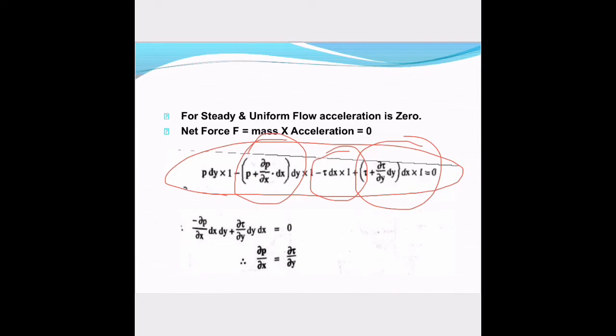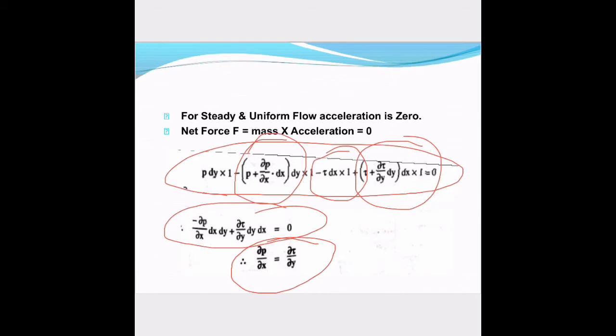After that, ultimately you will get del P by del x equal to del tau by del y. Okay, so you can mark that equation as equation number 1.